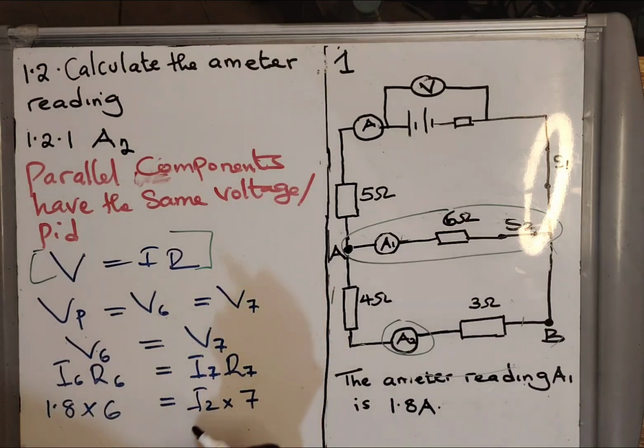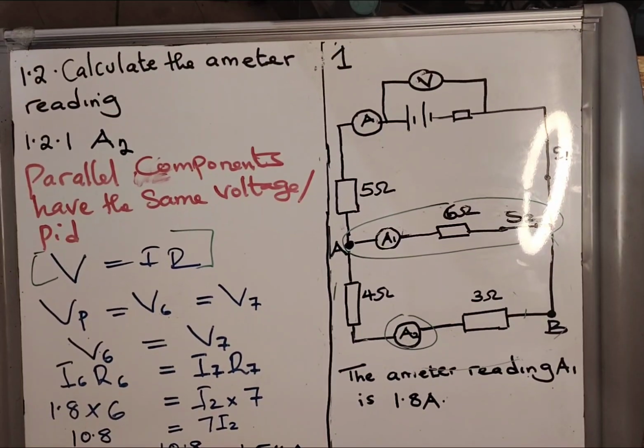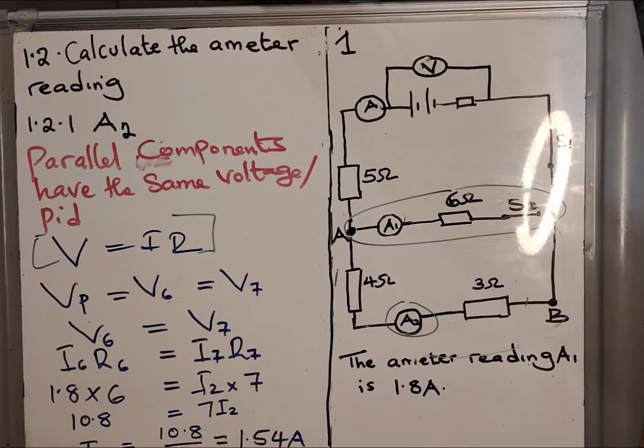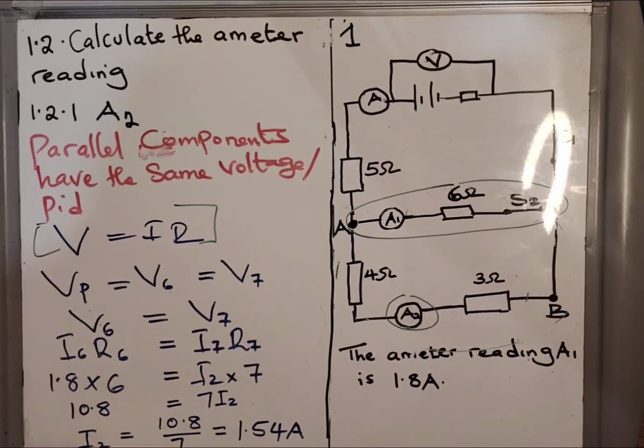So from here, we perform our normal calculations and we get the answer. After calculations, our answer is 1.54 ampere. So that one has been solved.